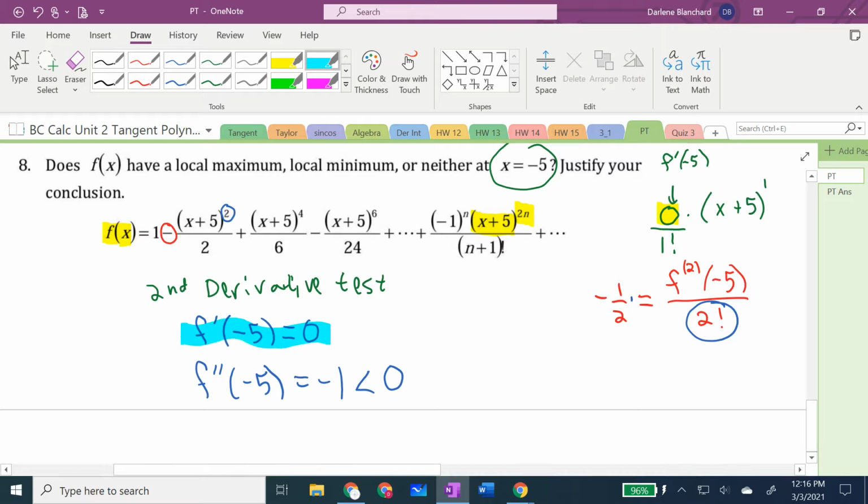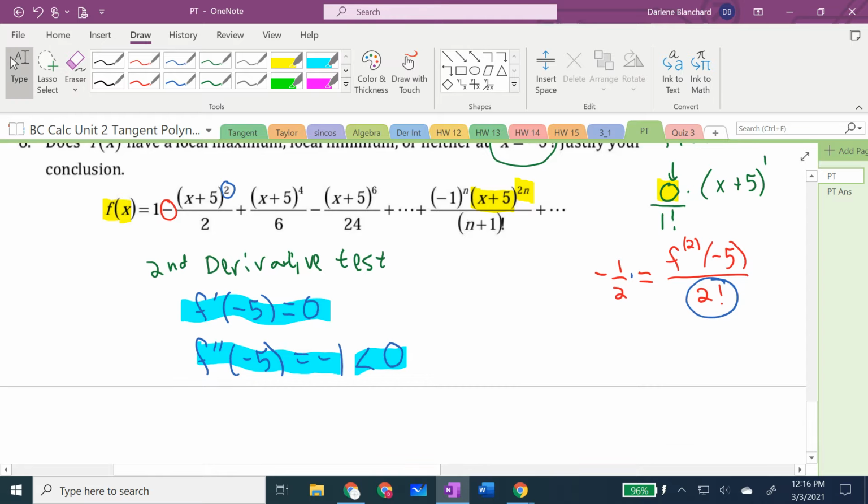You need to state that the first derivative of the center is 0, and you need to make sure that you express less than 0 with your finding. The less than 0 is needed to be said to justify your second derivative test. At that point, you're literally allowed to just say, I know what this is, and write it down.